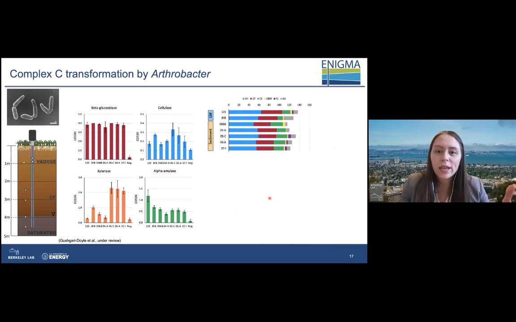And so we looked at both the genomes and then also some phenotypic assays of complex carbon transformation by the Arthrobacter. And so here, let's start actually on the upper right, we have the numbers of different carbohydrate active enzymes in each of these isolates, separated by the groundwater guys versus the sediment.